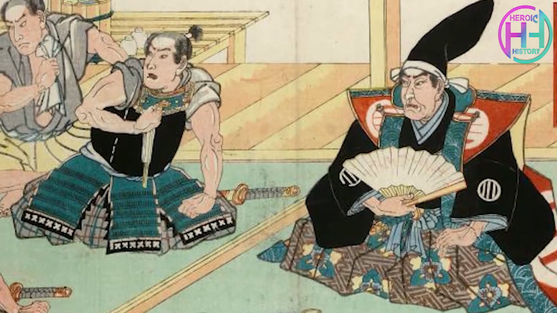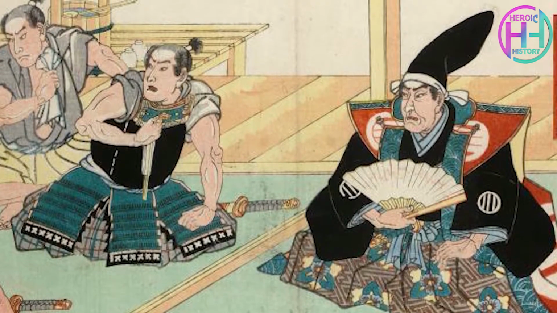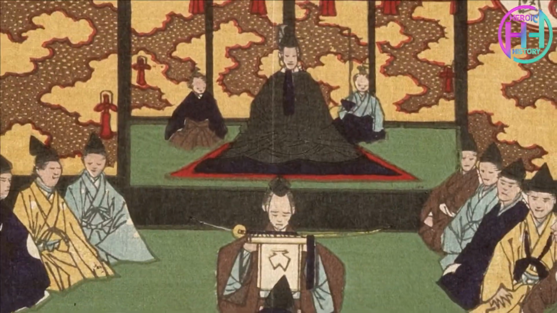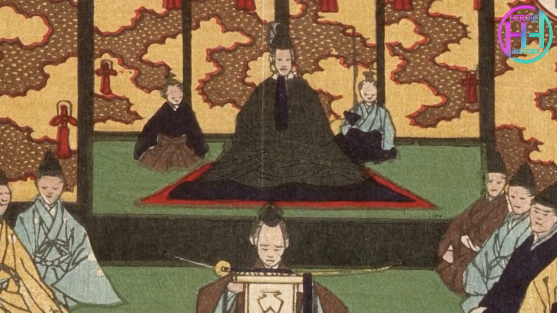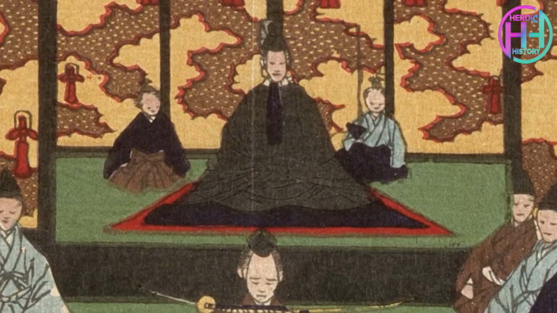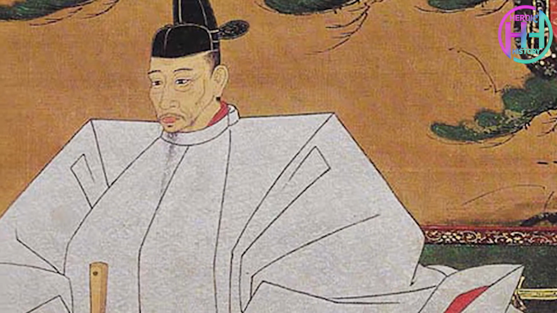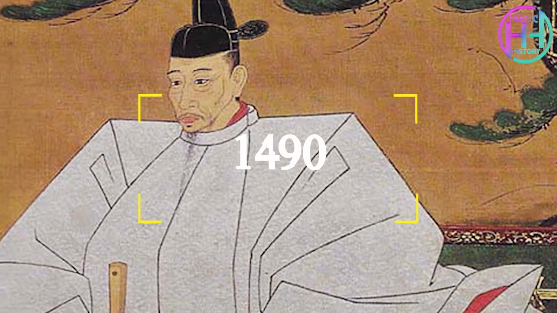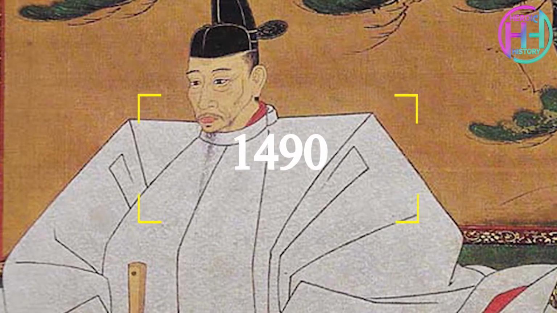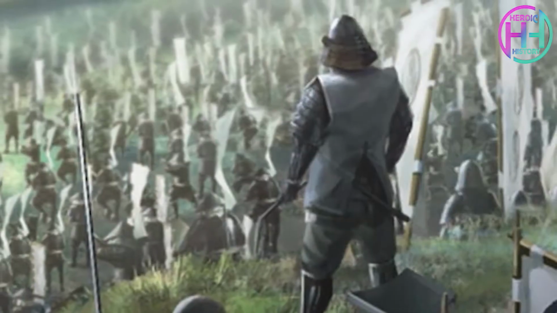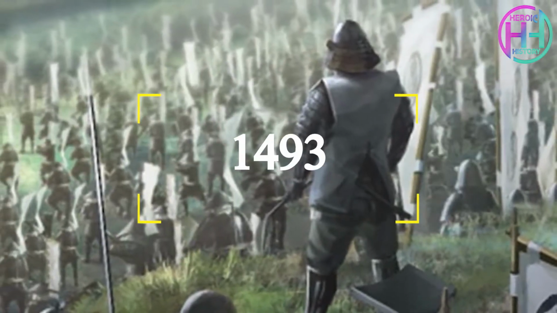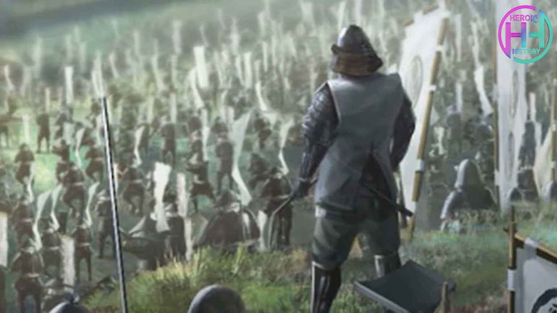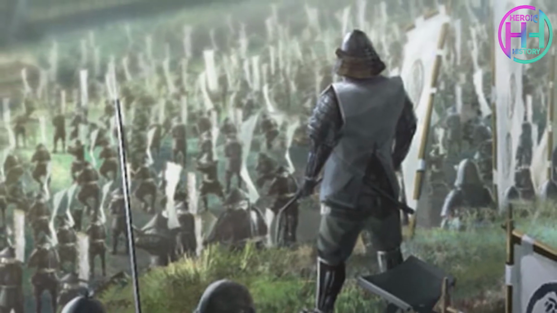After the Onin War, the Ashikaga Bakufu completely fell apart. The Hosokawa family was in charge, and the Ashikaga shoguns became their puppets. When Yoshimi's son Yoshitane was made shogun in 1490, the Hosokawa Kanrei soon put him to flight in 1493 and declared another Ashikaga, Yoshizumi, to be shogun.